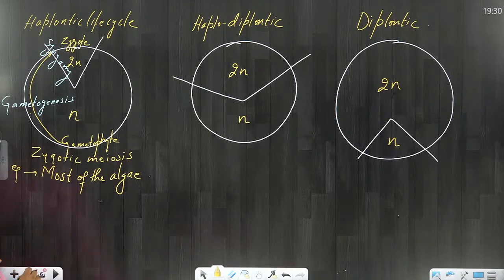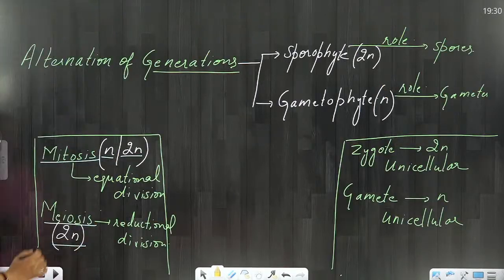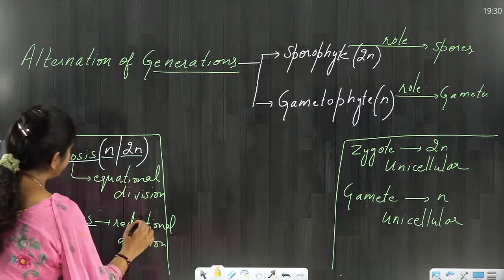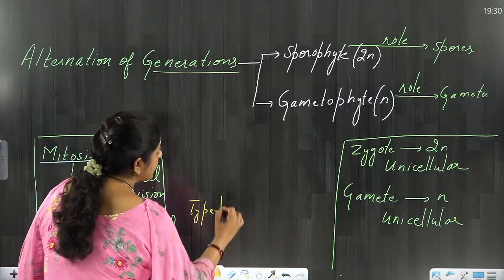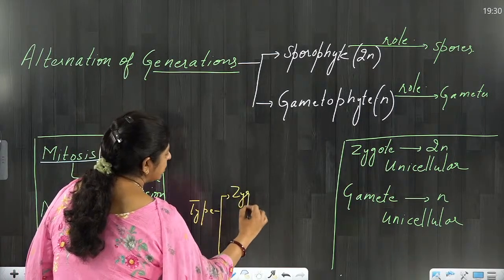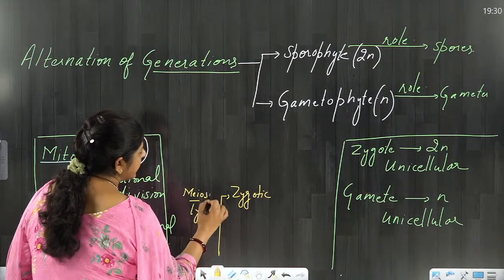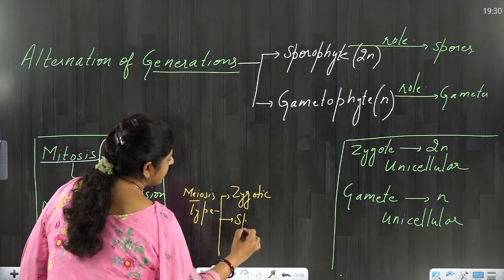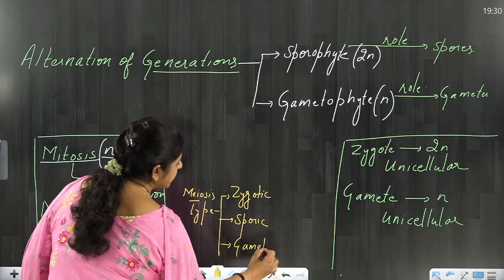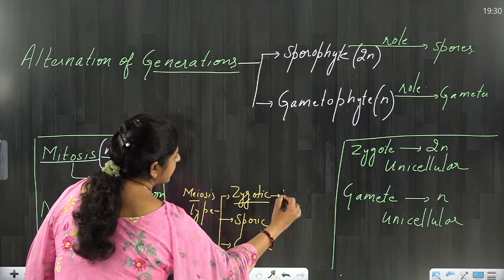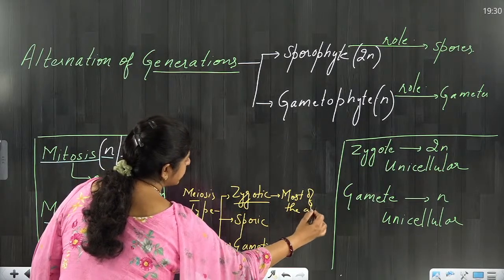If I want to add one more thing in this slide, meiosis has 3 types: zygotic meiosis, sporic meiosis and gametic meiosis. Zygotic meiosis takes place, as I just said, in most of the algae during the haplontic life cycle.